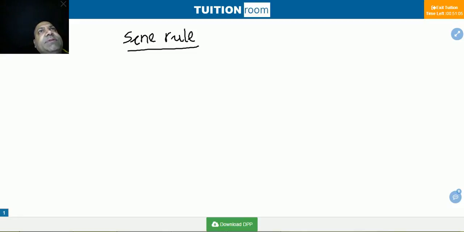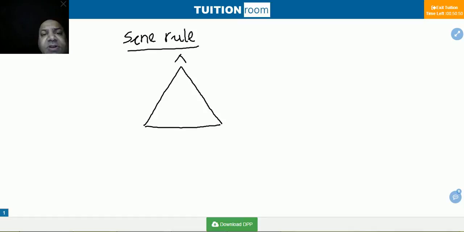Guys, if we take a triangle, suppose this is A, this is B, this is C. These A, B, C represent the vertices of the triangle.